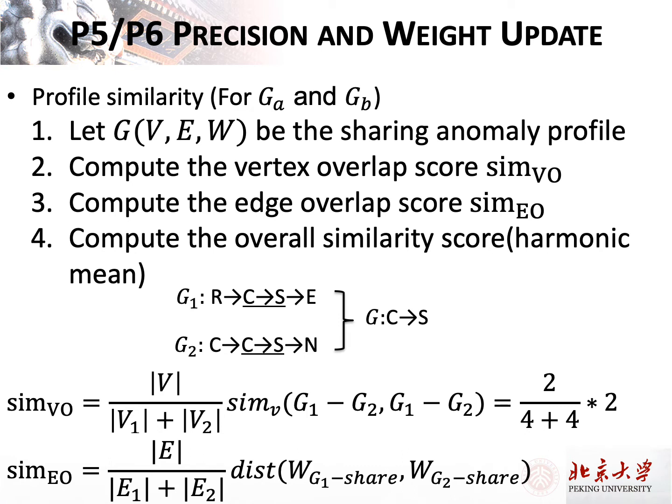So, vertex overlap is calculated as this. For edge overlap, we used the Euclidean distance between the shared edge weights in different anomaly graphs.